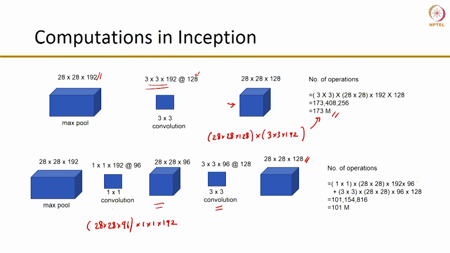So, that is what we have here, and then similarly for the 3 cross 3 convolutions we produce 28 cross 28 cross 128, right, and for each one of these activations we have to perform 3 cross 3 cross 96 multiplications. So, that number is here. If we add, you see that there is a reduction in the number of computations, just for this one particular set of feature maps, okay.